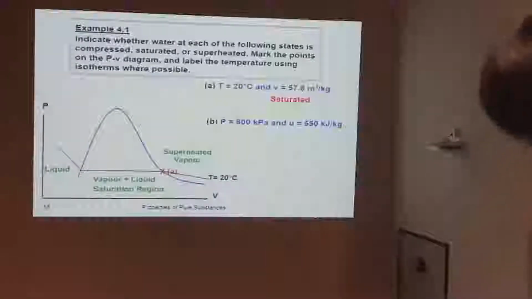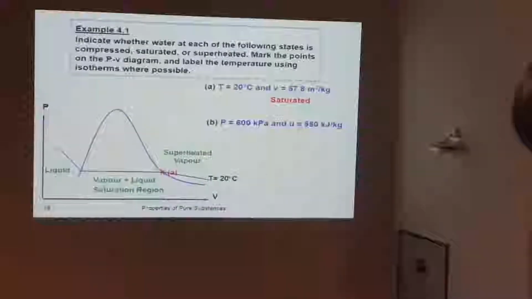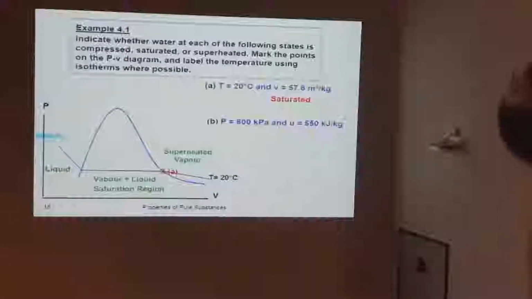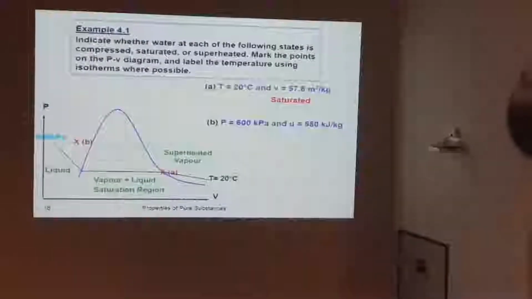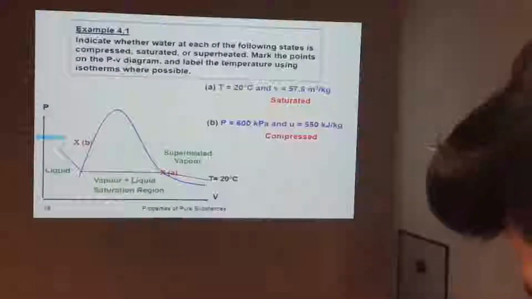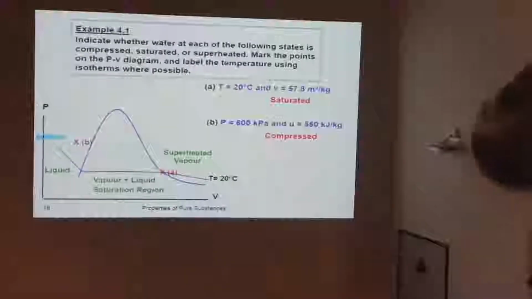Then you need to check for pressure equals 600 kilopascal. What is the internal energy for liquid and vapor? After you checked and you find this is below the saturation, so we call this compressed liquid. So it will be somewhere here.